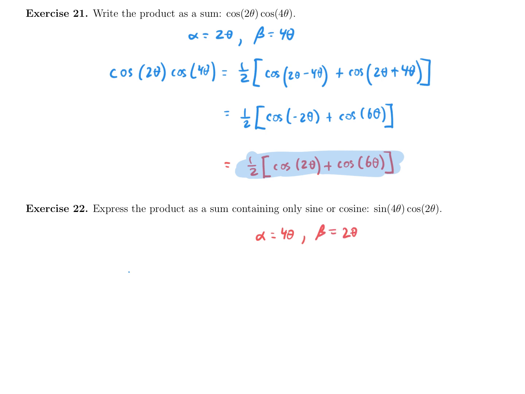So sine 4 theta cosine 2 theta is going to equal 1/2 times sine 4 theta plus 2 theta plus sine 4 theta minus 2 theta.